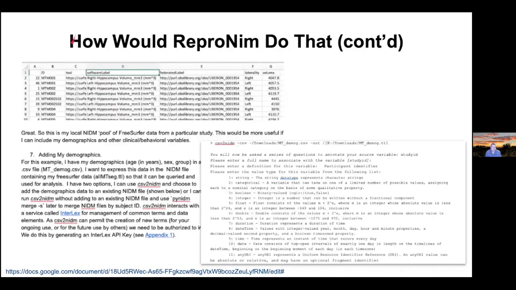And so again, in this How Would ReproNim Do That series, in the FreeSurfer example, step 7 is adding the demographics. And this uses the PyNIDM tool CSV to NIDM. And that basically allows you to create, again, a NIDM representation, this graph representation of the subject phenotype information.